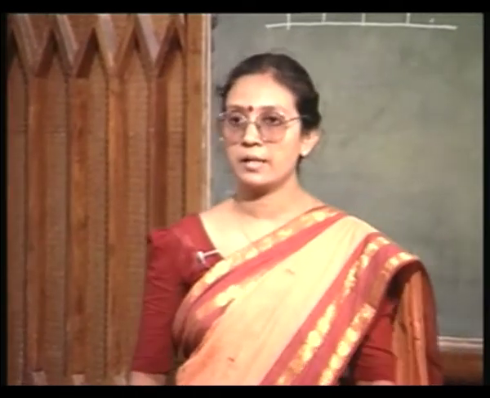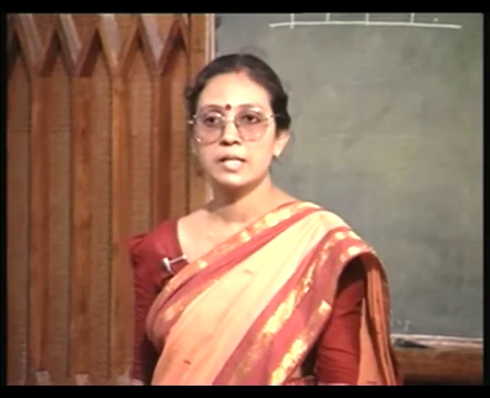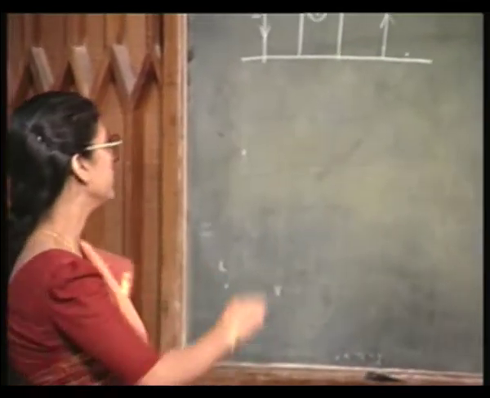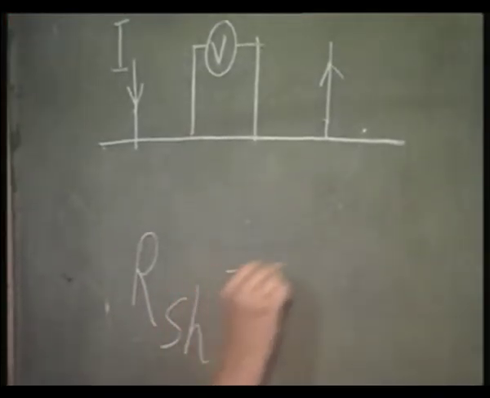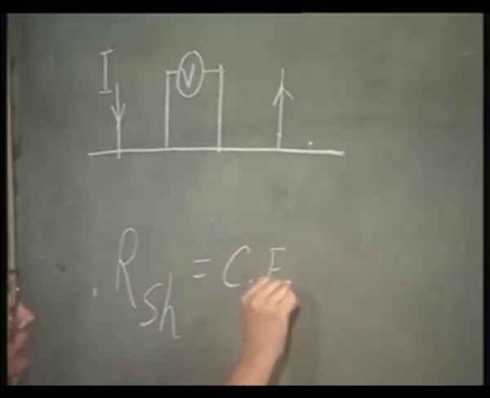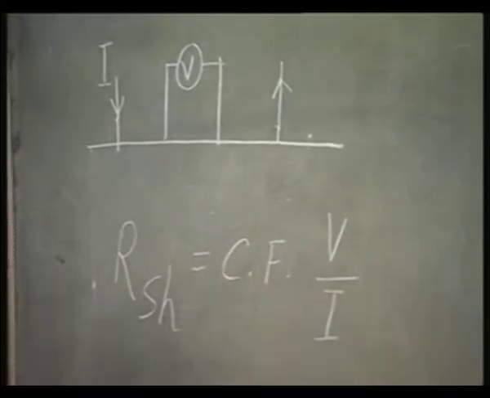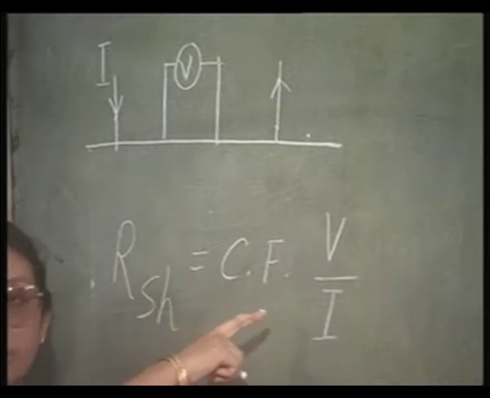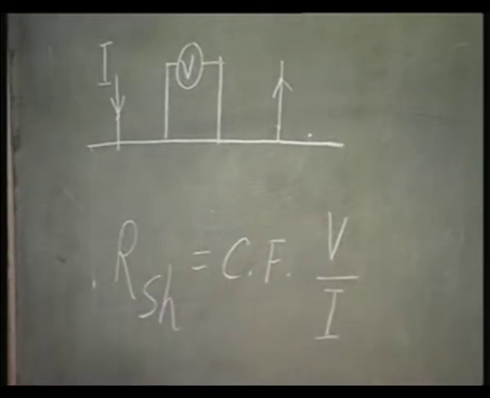And under this condition, the sheet resistance is directly given by, you measure the voltage and the current, the sheet resistance is directly given as V by I times a correction factor. Okay.